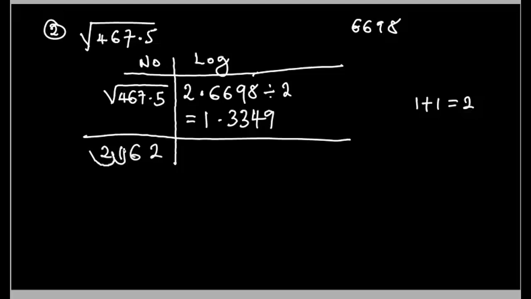Anywhere you stop, you put a decimal point. And so my final answer to this question becomes 21.62, and this is our antilog value.